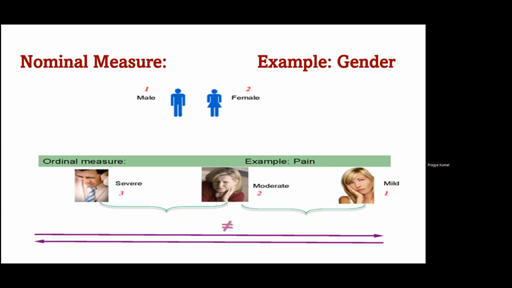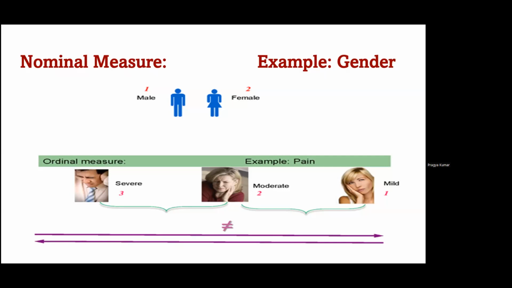It's a characteristic like gender, color of eyes, color of hair, color of skin, blood group. Let's say blood group. If there are 4 blood groups A, B, AB and O, and you give 1, 2, 3, 4 to these blood groups, I don't mean that 4 is the higher and 1 is the lower. If you reverse this, that is not going to change the meaning. So nominal is any characteristic where you change the number, but the meaning does not change.